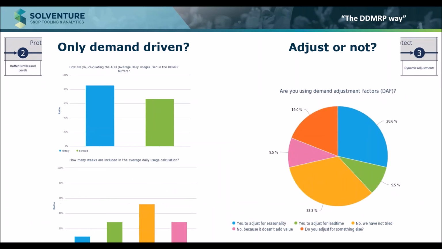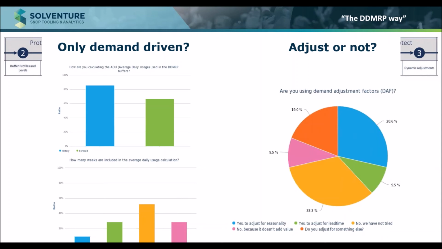And secondly, we had a look at buffer profiles, and we asked them some questions about that. First question was, are you calculating the average daily usage in the DDMRP buffers just based on history, or are you also using some kind of calculated forecast? You would think that they only would use real actual demand from the last couple of weeks, for example.